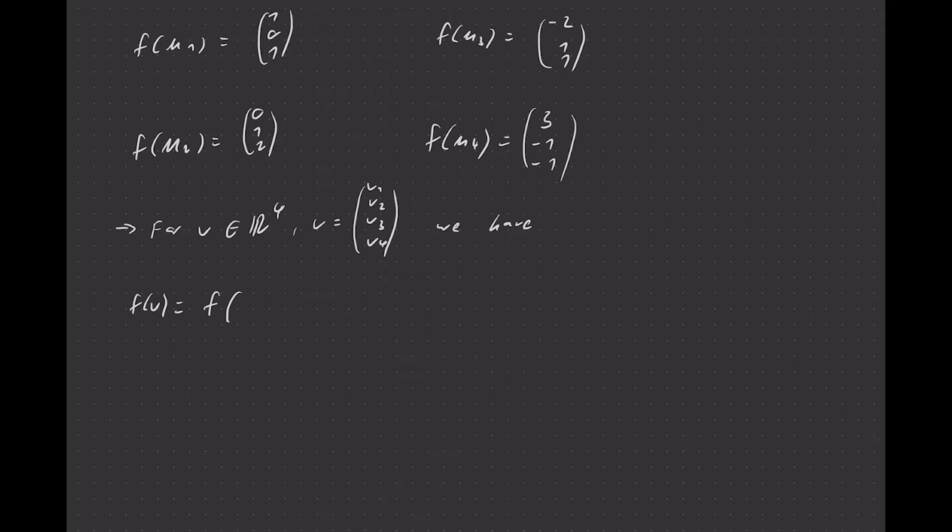The linear combination is simply v1 times u1 plus v2 times u2 plus v3 times u3 plus v4 times u4.